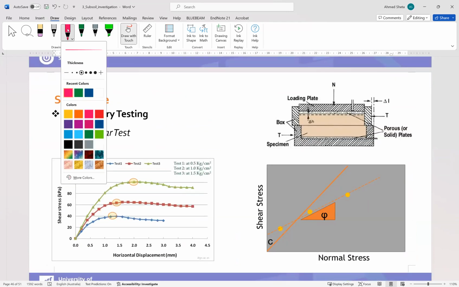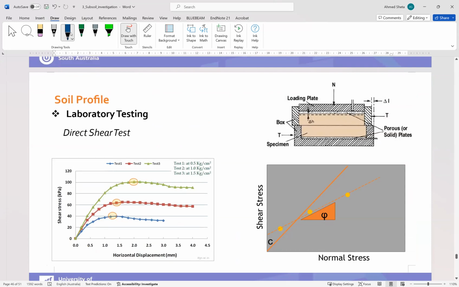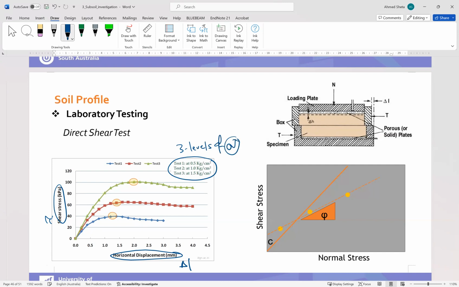So we will have a relation between the shear stress tau on the vertical axis and horizontal displacement delta L on the horizontal axis. And we have, for example, three levels of normal stress, sigma.